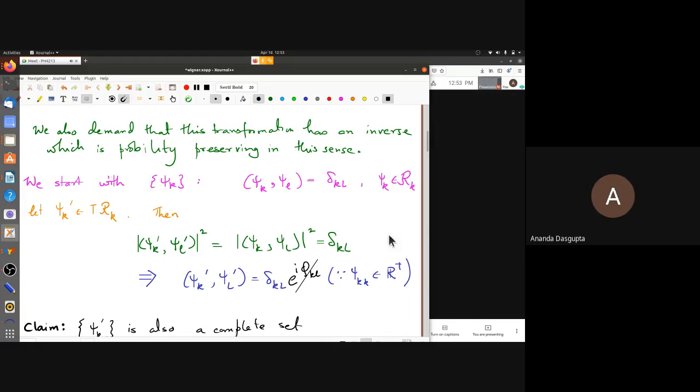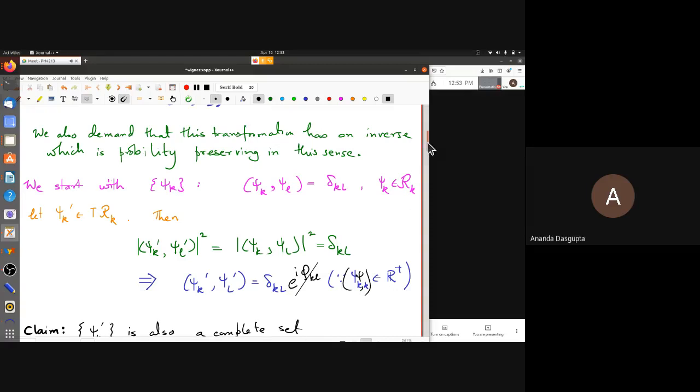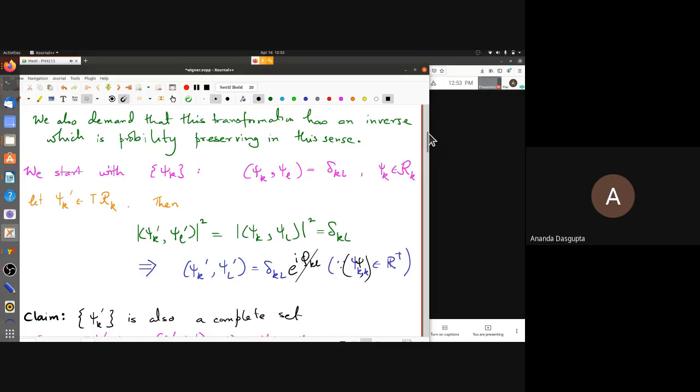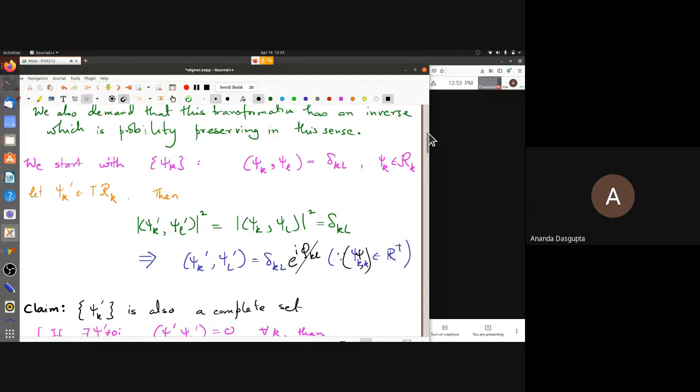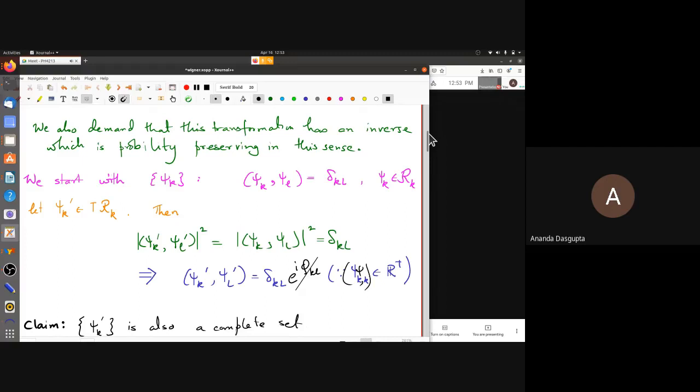Of course, what I wrote here is a shorthand for what I really meant to write, psi k inner product is a positive real number. That's why there's no e to the i phi kl. So just like your original psi k psi l, this psi k prime psi l prime set has to be orthonormal. Now you might say, how can that be?